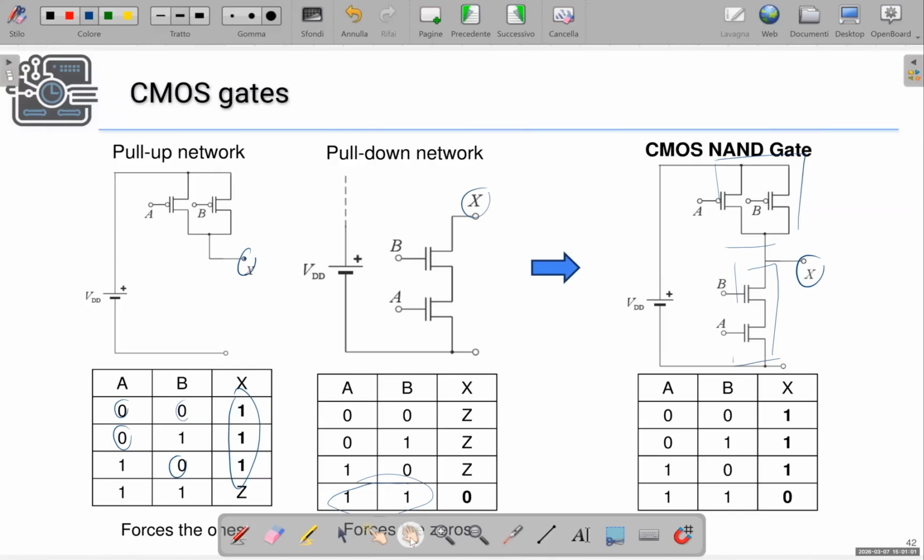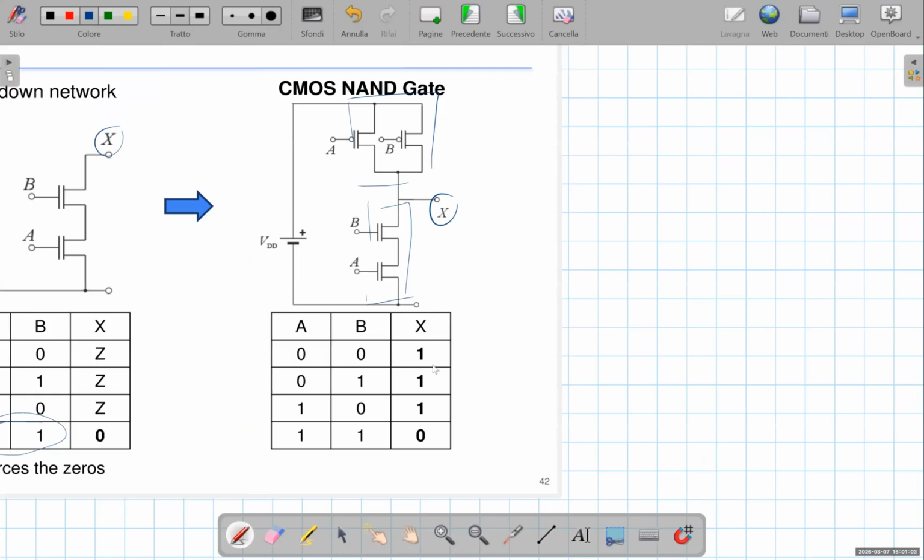And actually, what is the name of this logical function? Actually, this is a Boolean function that corresponds to the NAND. X is A NAND B. So in this way, we can implement a NAND function in CMOS.